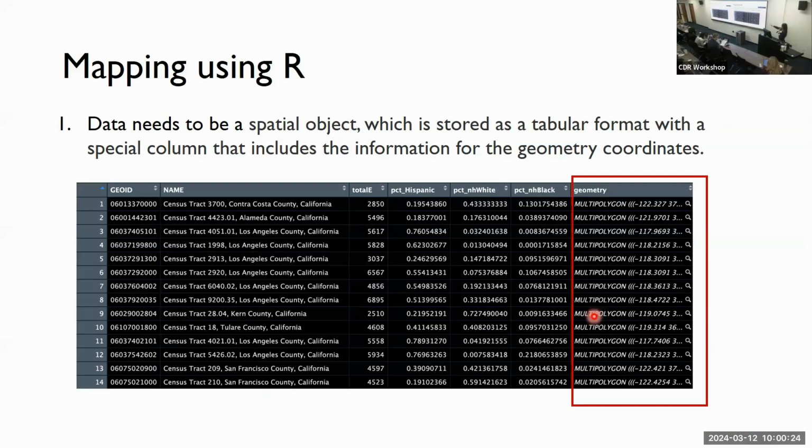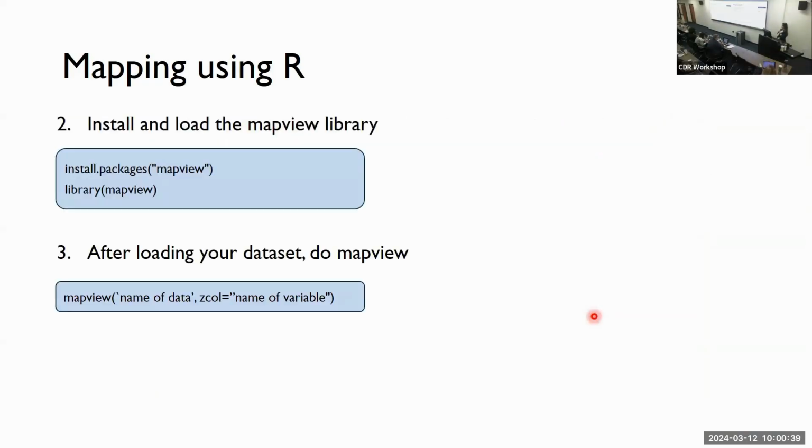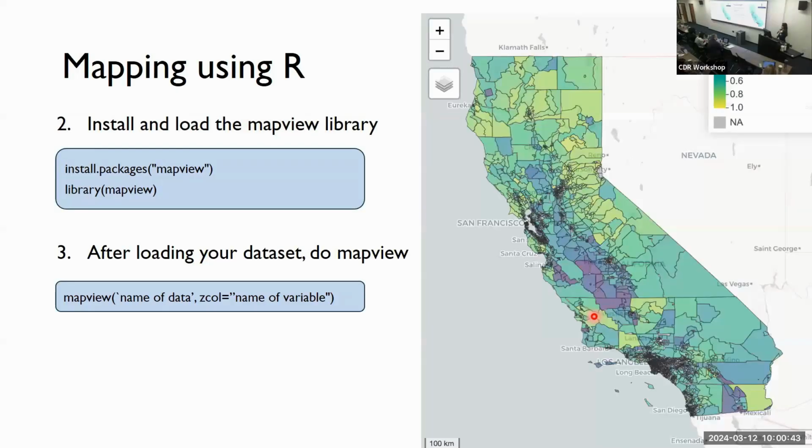If you see the geometry column, it actually has to have x and y coordinates. So this is a prerequisite to use mapview in R. And then the actual code is pretty simple.